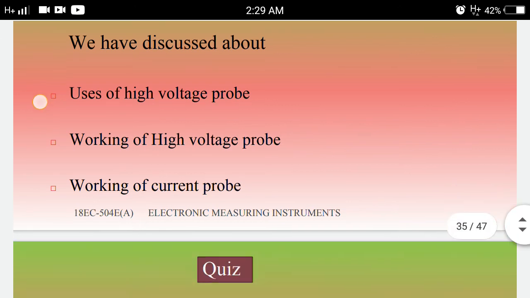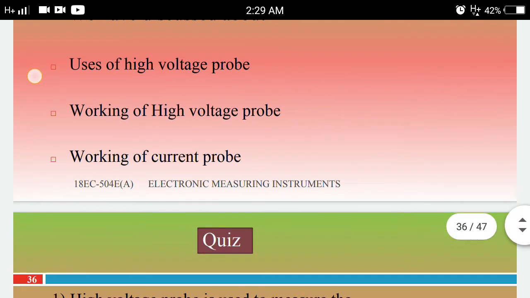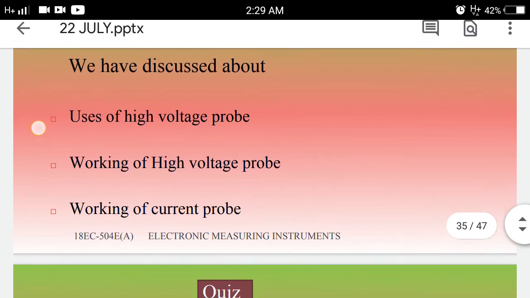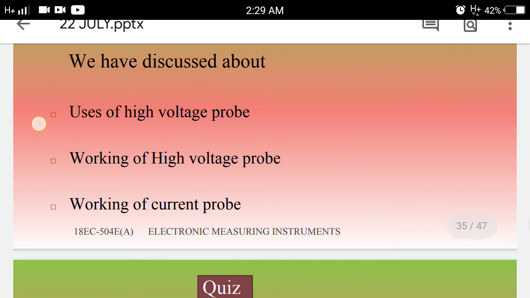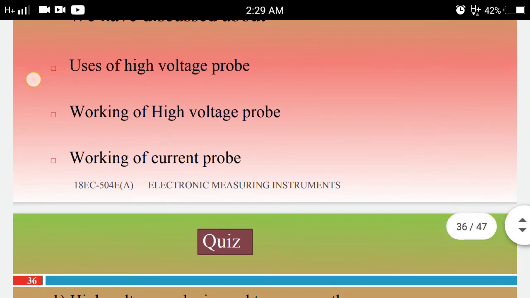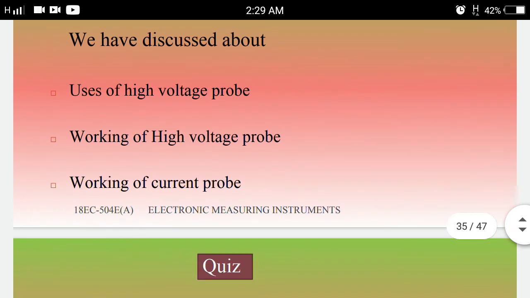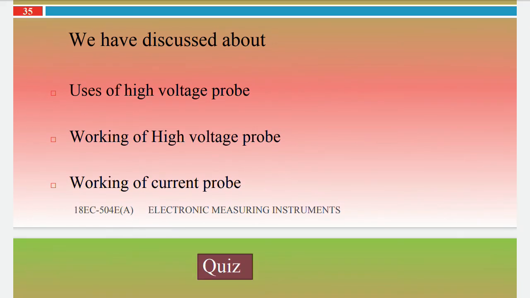The current probe generally works on the principle of electromagnetic induction, as it works on the principle of the current transformer. Later we discussed the conditions for the bridge balance, and what is that condition? That is Z1 Z4 is equal to Z2 Z3, and the angles theta 1 plus theta 4 is equal to theta 2 plus theta 3.